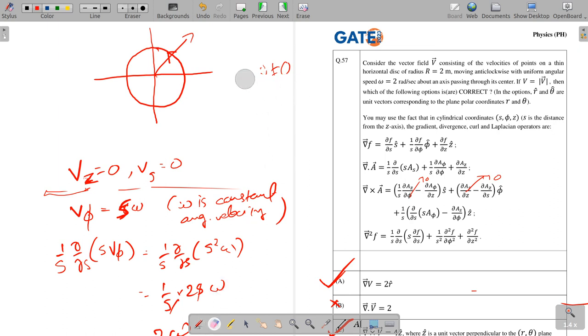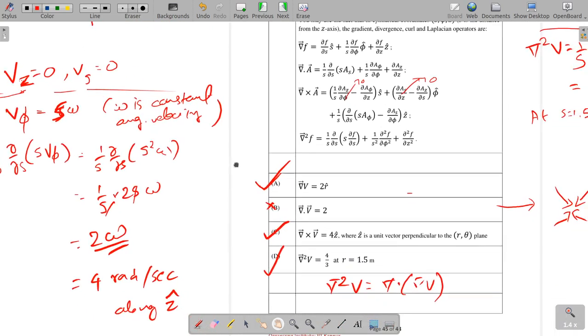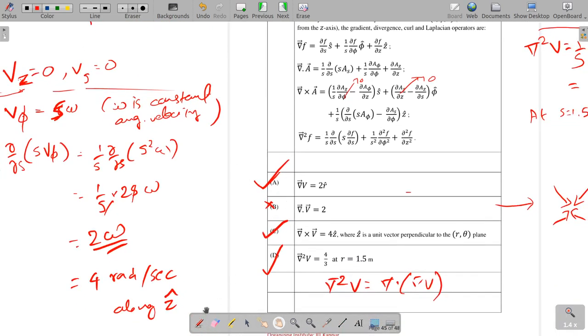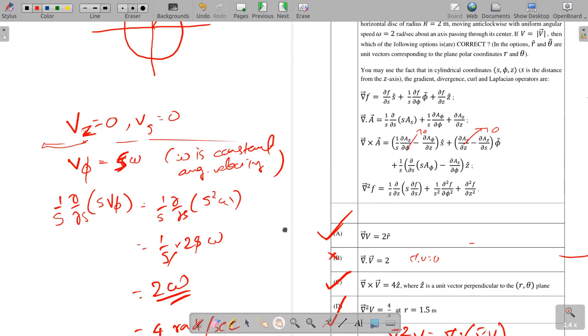So that option is straightforward, no need to do any calculation, and you can directly omit it. This one, del dot v, should actually be 0. Given it is a non-zero quantity, we can say this is a wrong answer. Okay, so what about the other options?